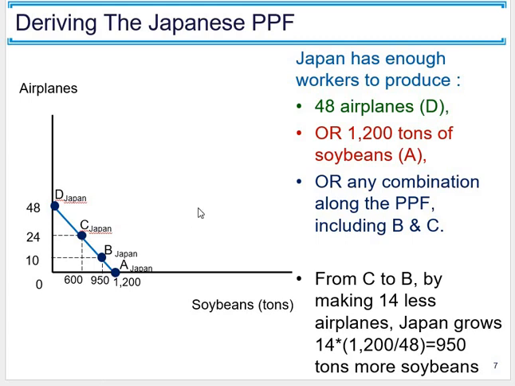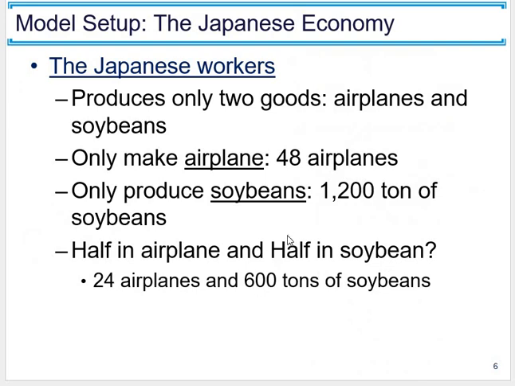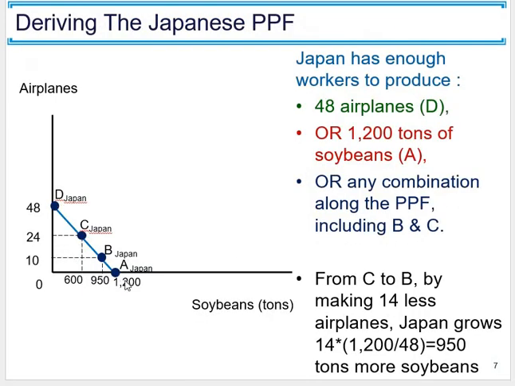However, one thing we know for sure is that we can derive the PPF from the information given on this page. Points A, B, C, and D are all right on the Japanese PPF, which means all the points are efficient. They are different combinations of airplanes and soybeans that utilize all the resources, the workers.